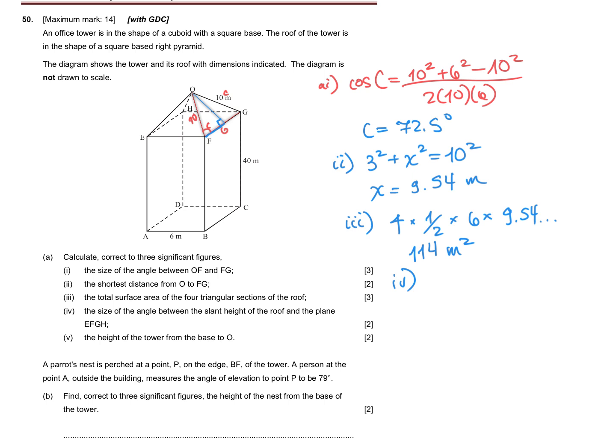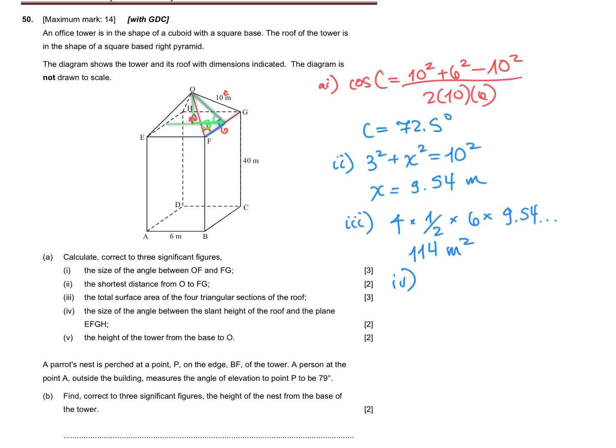Now, the size of the angle between the slant height of the roof and the plane EFGH. So that's going to be this O, so this one, that's the slant height, and we want that with the plane, so it's that angle there. I'm not going to use that whole thing, I'm just going to use half here. So it's a right triangle, and this bit is 3.